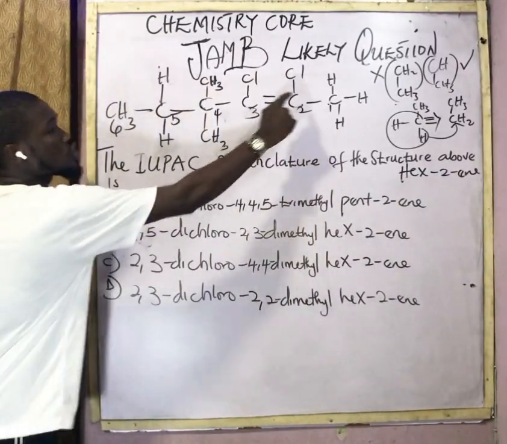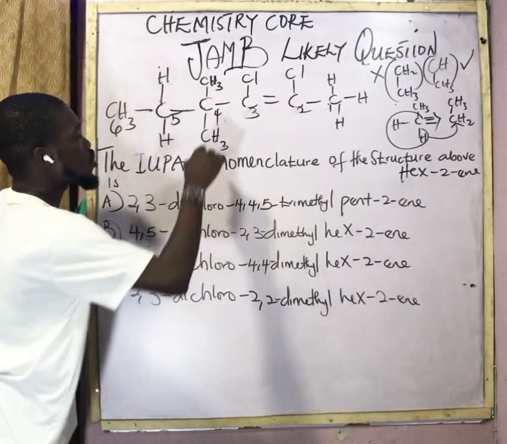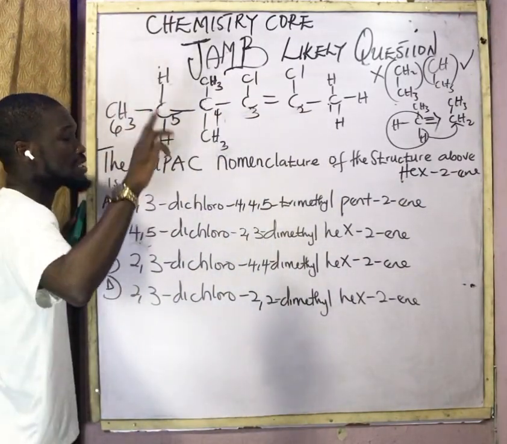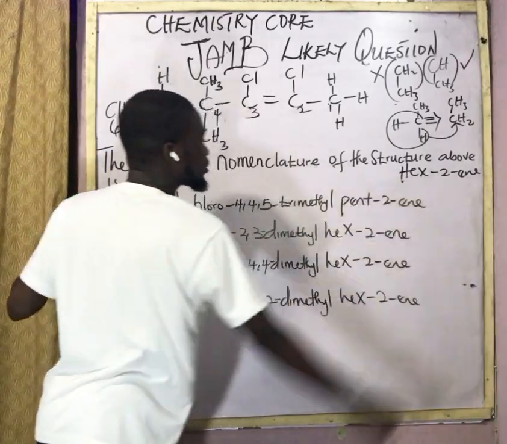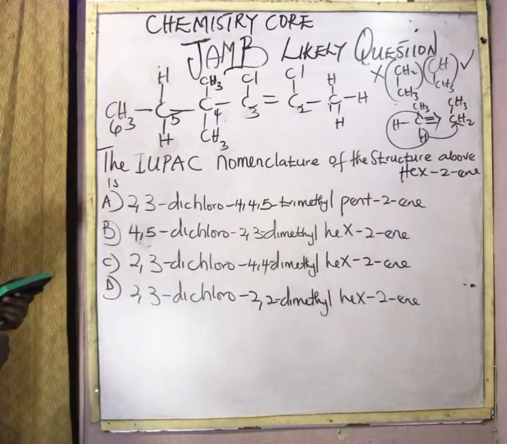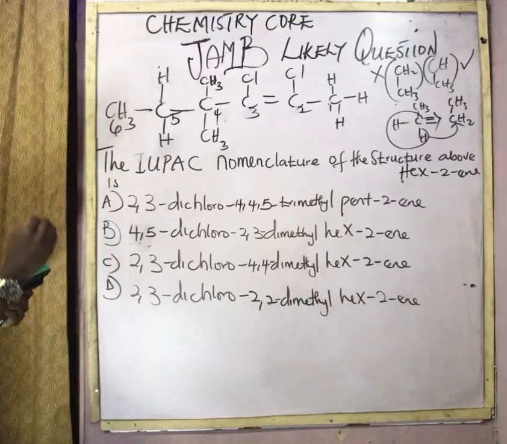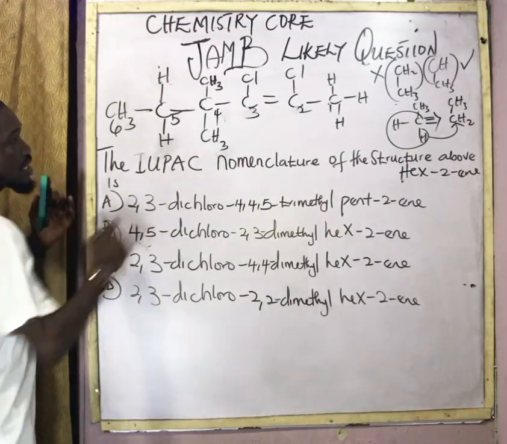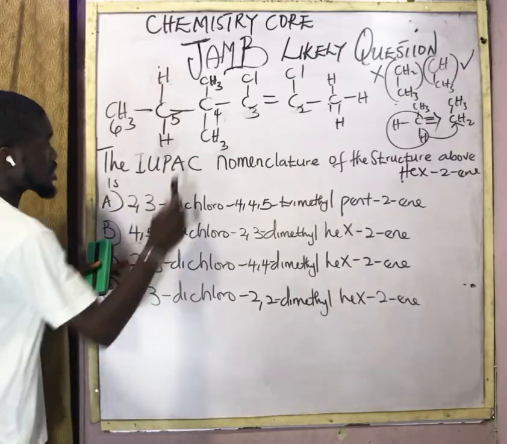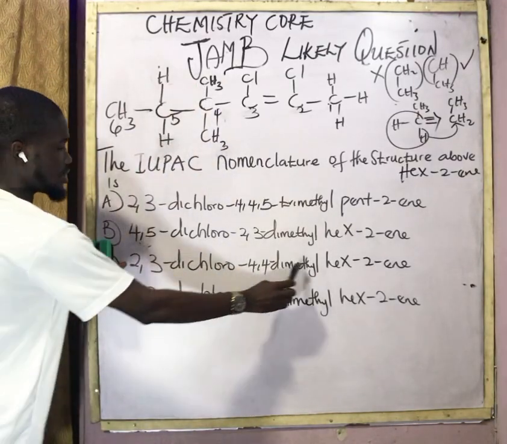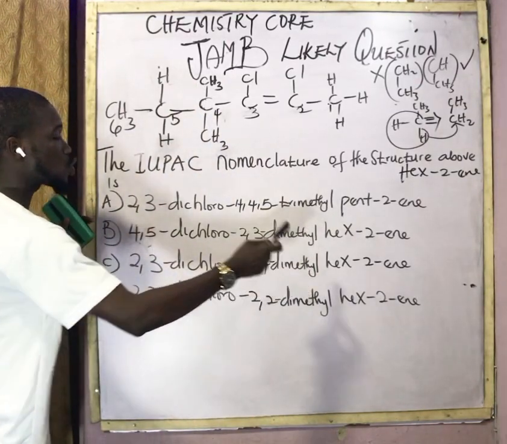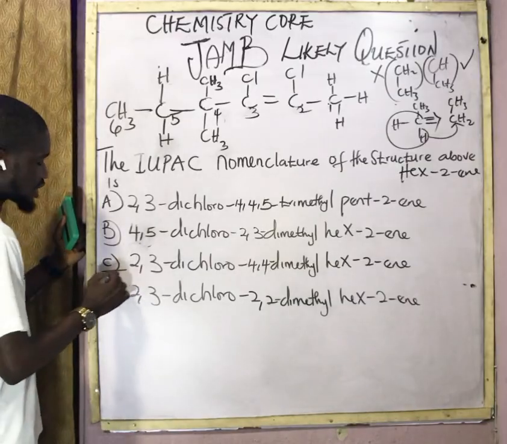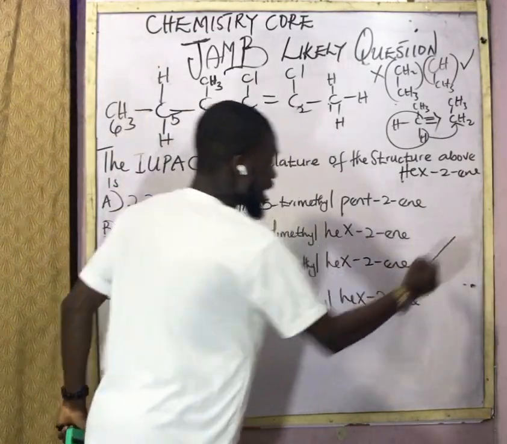I repeat, 2,3-dichloro-4,4-dimethylhex-2-ene. In that case, option C is the correct answer because I said 2,3, which is this, 4,4, which is this, dimethylhex-2-ene. So guys, option C is the correct answer.